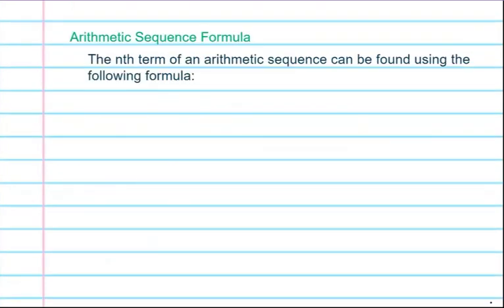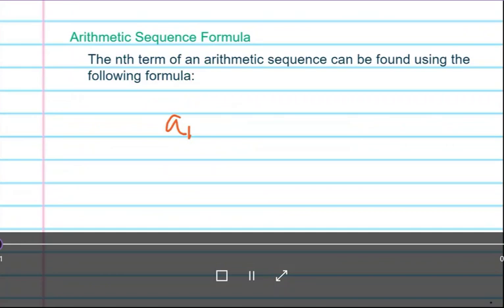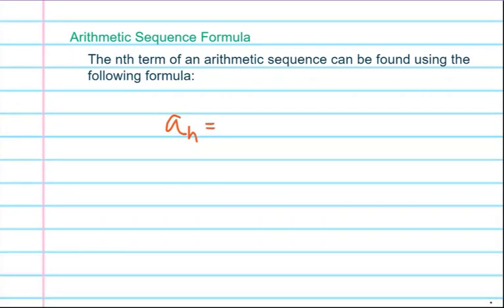Okay, so it's a subscript n. The n is a little subscript n. And the formula is d, so that common difference, times n minus 1, plus a1. Again, the 1 is a little subscript. So d is your common difference, which we've been talking about.